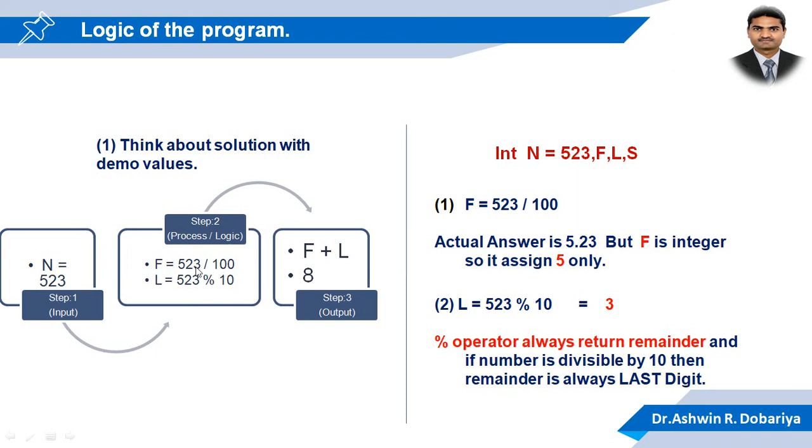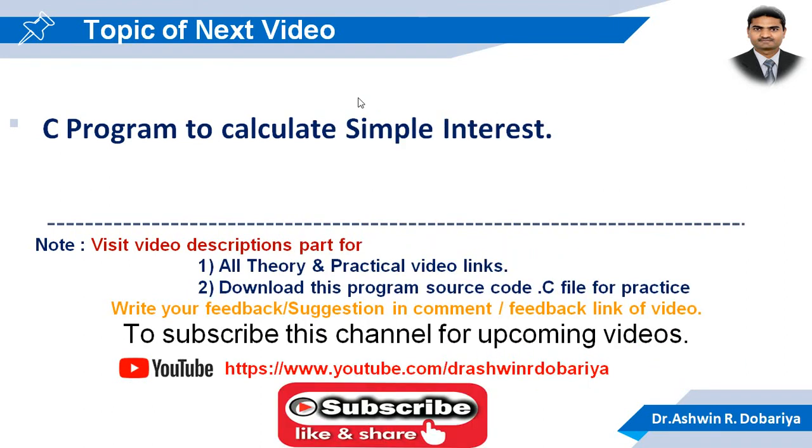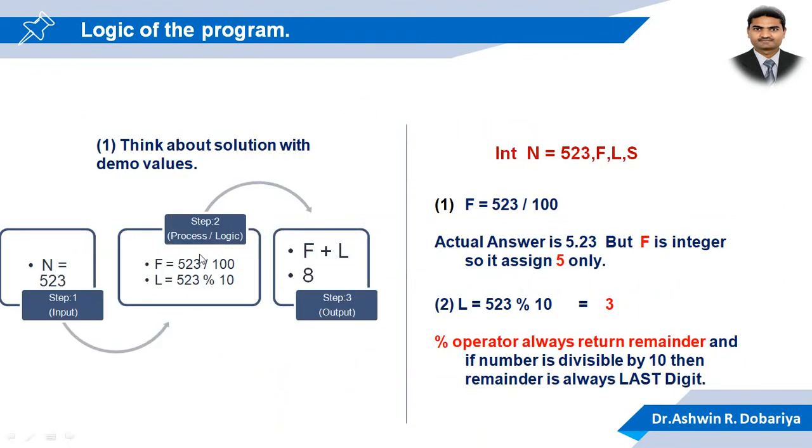As per mathematical norms the result is 5.23, but that would generate a decimal point value, and here both values, 523 and 100, are integers. So integer division generates only an integer value. It will ignore, or skip, the 0.23. Then the answer is only 5, and 5 will be stored in f.